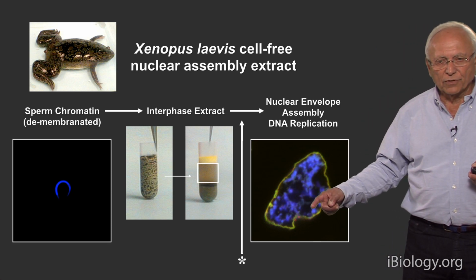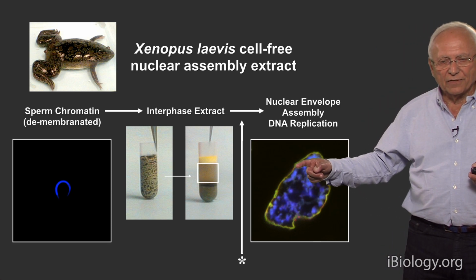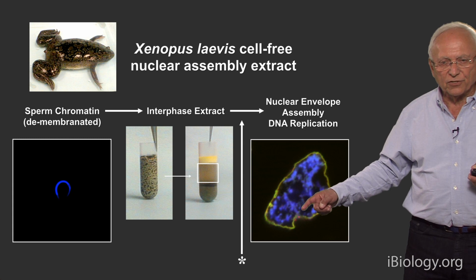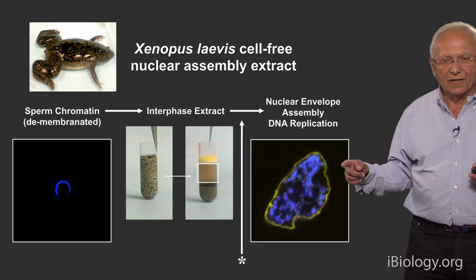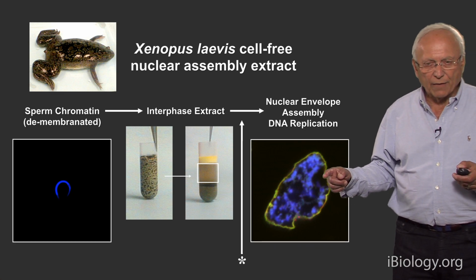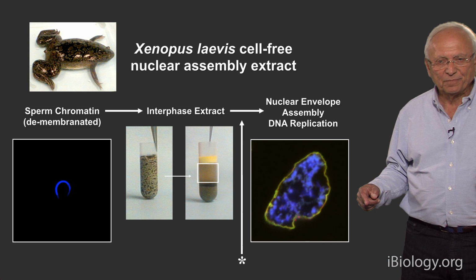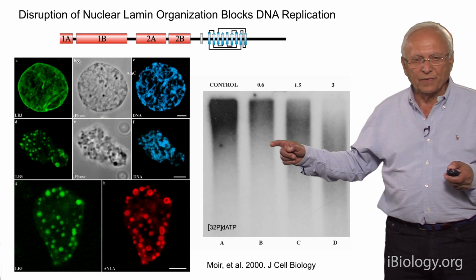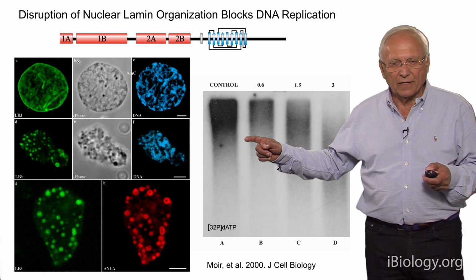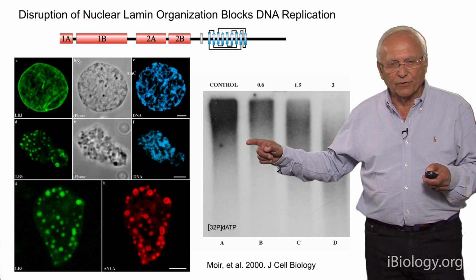And then you get nuclear envelope assembly and decondensation of chromatin around each of the sperm heads. And this just shows nuclear lamin staining around the edge. In the case of Xenopus eggs, this lamin is called lamin B3.